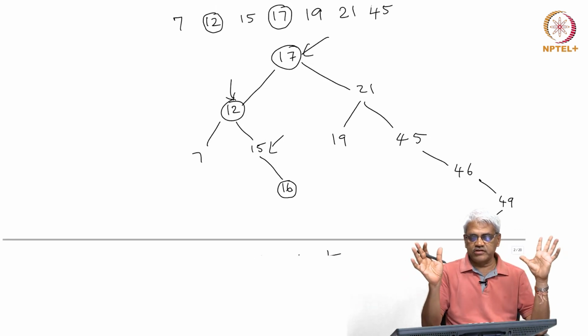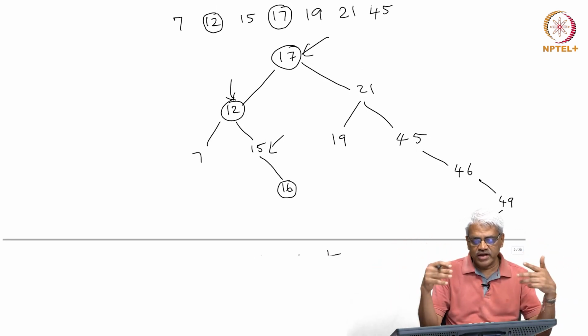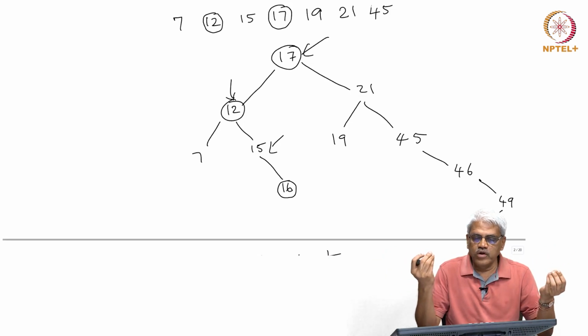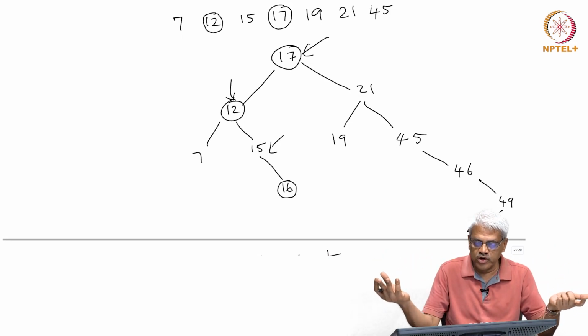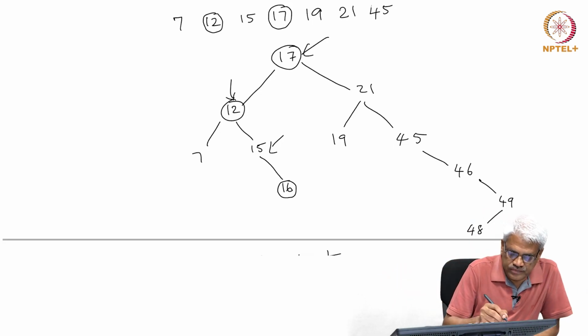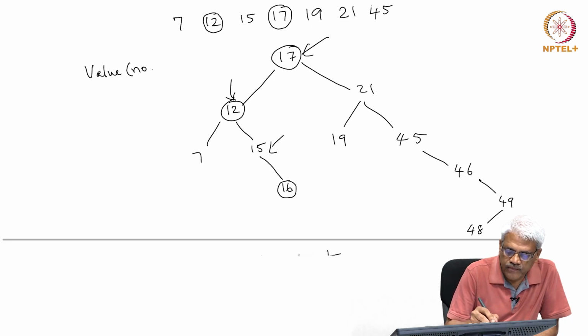Forget about the structure of the tree, it is no longer a complete binary tree, we will worry about how to fix the structure, but how are the values distributed on the nodes of the tree. So one thing to note is that value at a node is less than or equal to value at its right subtree.